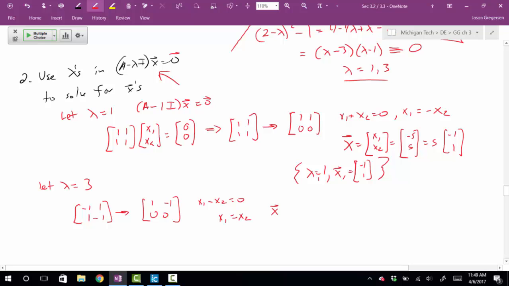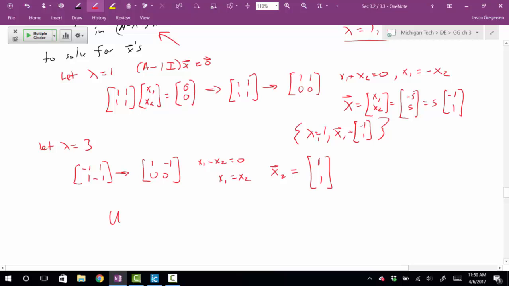What's my second eigenvector? I'm not even going to use that parameter. The idea is x2 is free. It can be whatever it wants. I'm just going to choose a value. If x2 is 1, what would x1 have to be? 1. There you go. I've just found one eigenvector, and I know that any multiple of it is also an eigenvector. So that's my second eigenvector.